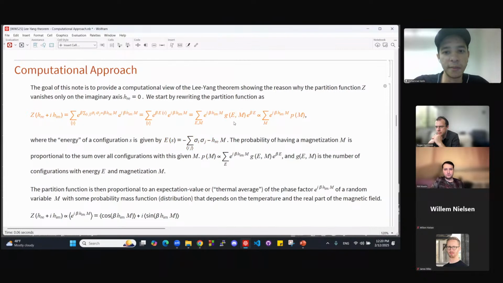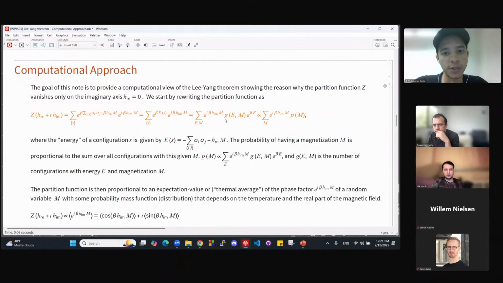If you think about it, this term is independent of E, so I could carry out the E summation over all the energies. The partition function becomes a sum over magnetization, e to the power i beta H imaginary times magnetization, times the probability of having this magnetization.